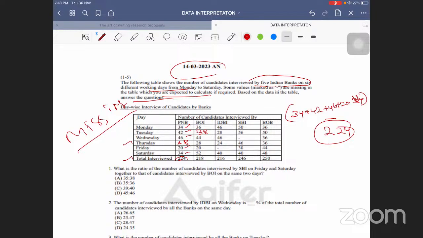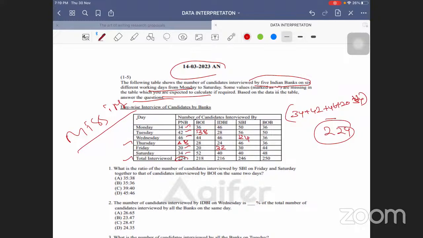So here IDBI bank is 32. And SBI: add everything, 50 plus 56 plus 46 plus 30 plus 40. So total 222 minus 246. So 24 in SBI bank.